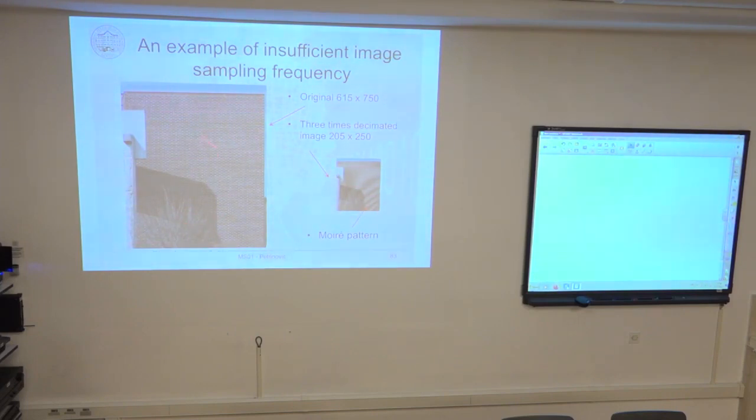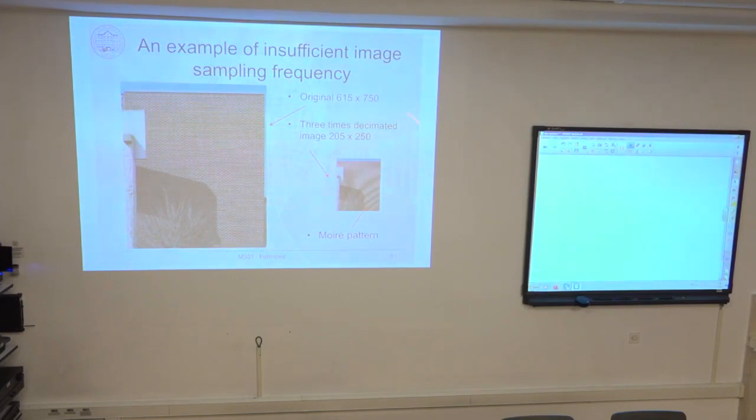It means that the image was represented with a resolution of 615 times 750 pixels. So now I can see the edges of all bricks and the mortar between them. I can see a nice picture, a regular brick wall.